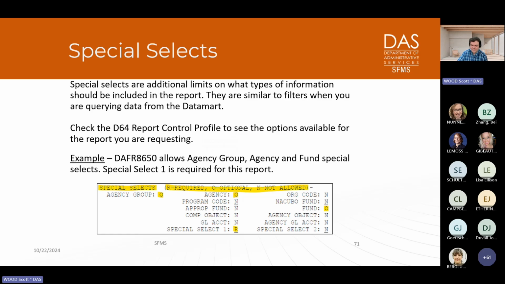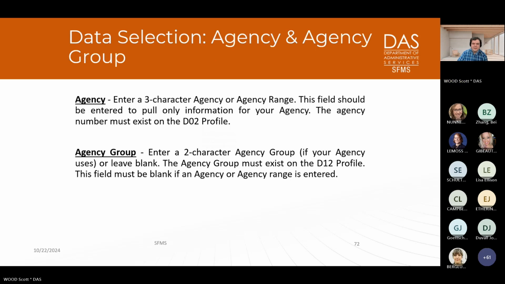This is for if you're just like, I don't want all this detail, I need to pull back. This section is how you do it. So this is going to be a bit of redundant information, but bear with me. Data selection for agency and agency group.